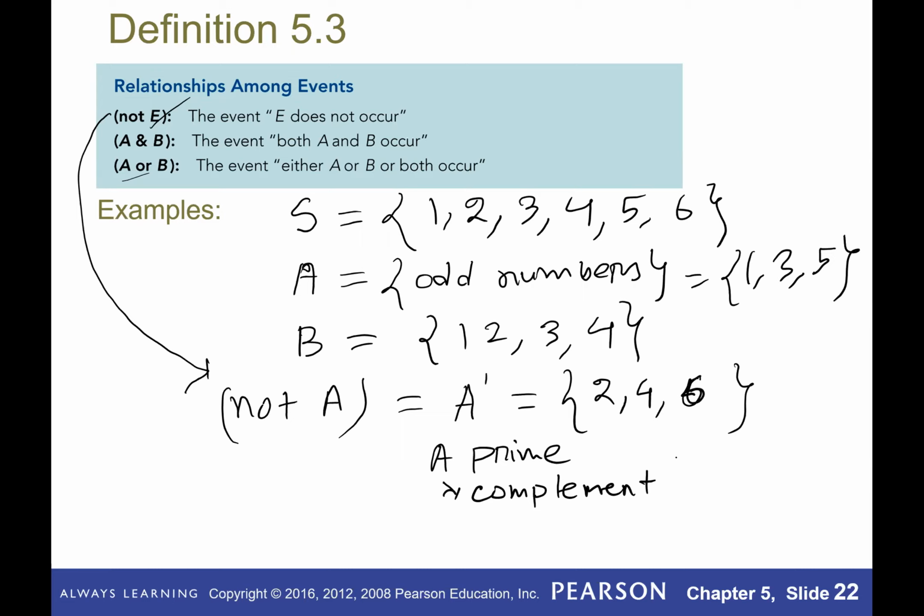Okay. So now A and B, so A intersection B. What are the elements in A intersection B? Anyone?